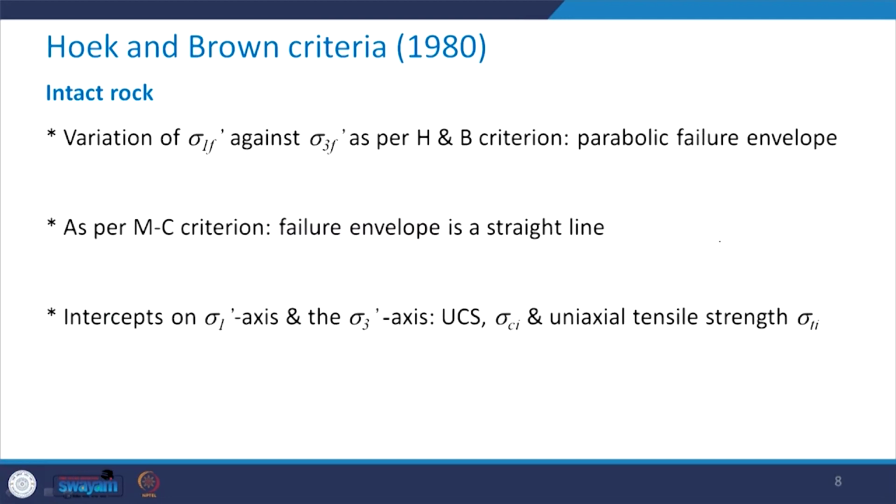As I mentioned, the variation of sigma 1f against sigma 3f as per Hoek and Brown criterion is a parabolic failure envelope. In case of the Mohr-Coulomb criterion, it was a straight line, and the intercepts on the sigma 1 axis and the sigma 3 axis gave us respectively the UCS of the intact rock and the uniaxial tensile strength of the intact rock.